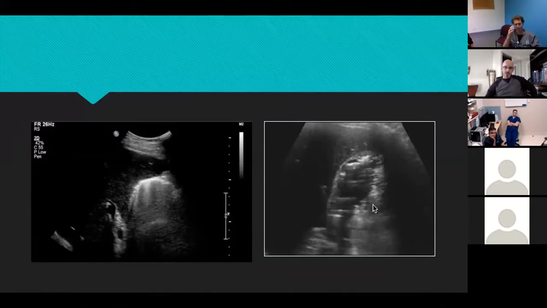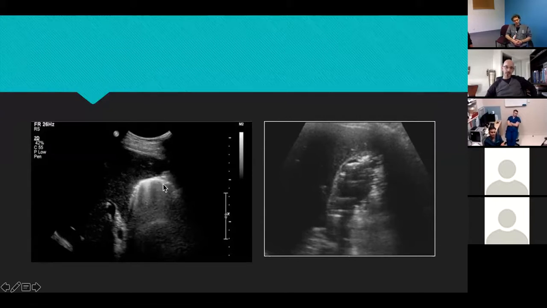Now, here is interesting. You can see that bright line there and nothing afterwards, with a kind of shadow, if you want to call it. You might think it's either a porcelain gallbladder or a huge stone completely filling up the gallbladder.